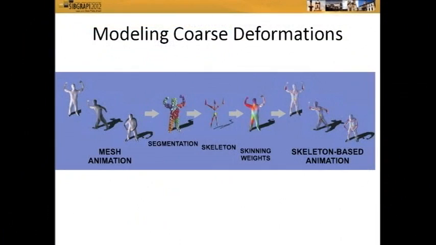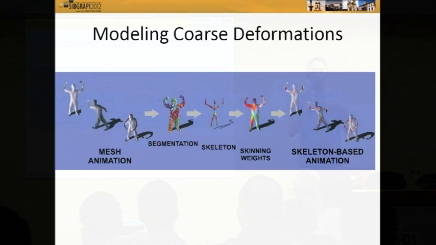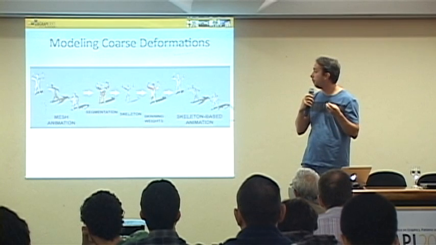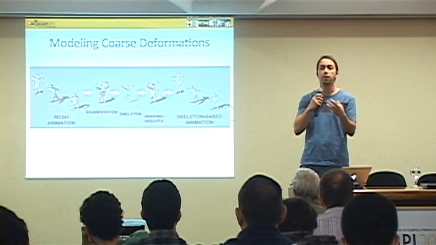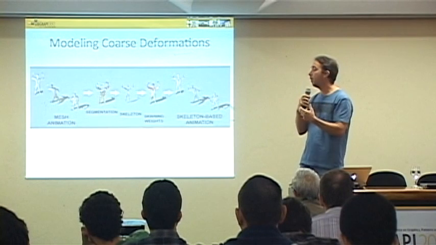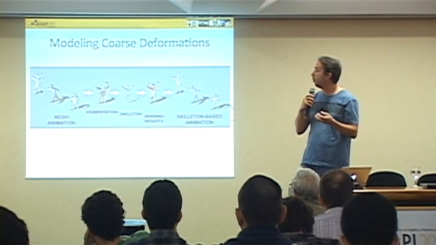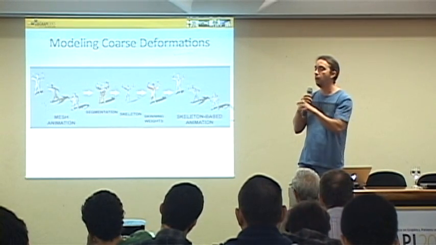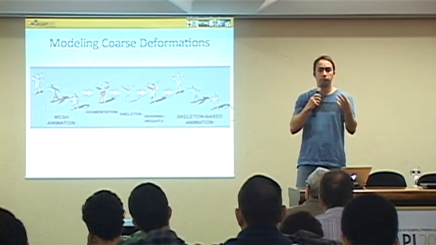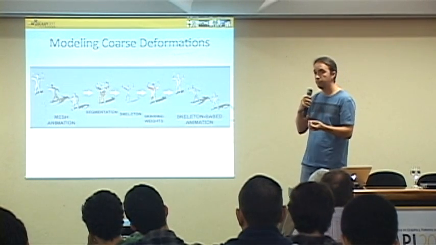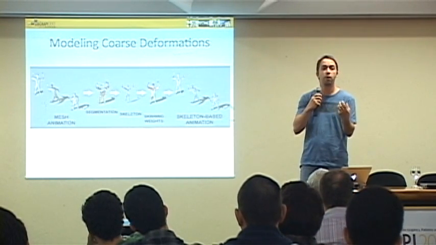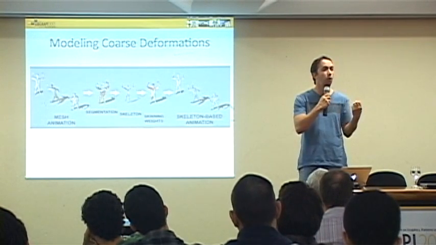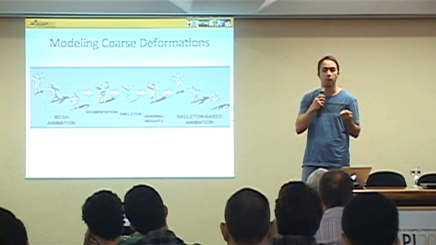So briefly, how this works. Given an input mesh animation, which is a sequence of mesh models, we first apply a spectral clustering approach to segment this mesh sequence. With this spectral clustering approach, we create parts in the model that correspond to the body parts. This uses the idea that parts of the body that belong together will move more or less in the same way.